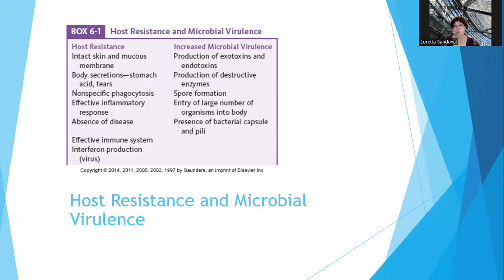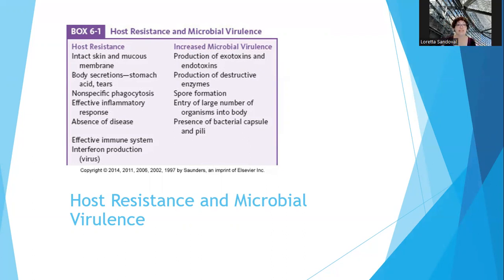Microorganisms can form spores, and so maybe they're not recognized by non-specific phagocytosis. Having an effective inflammatory response can be a good way to increase your host resistance, and we'll talk about that in the next chapter. If a large number of organisms enter the body at the same time, it can overwhelm our inflammatory response.